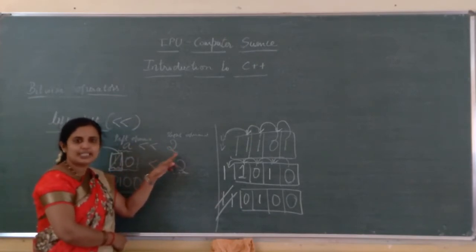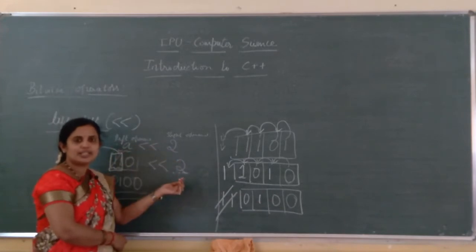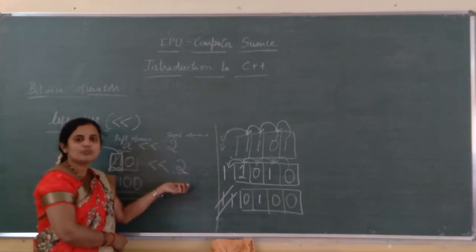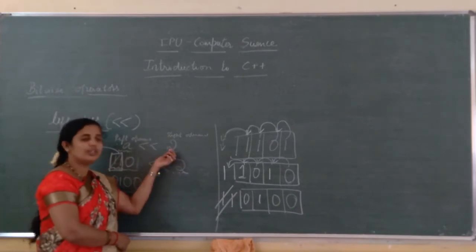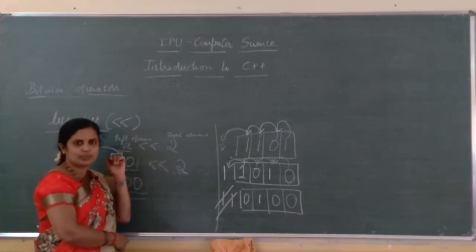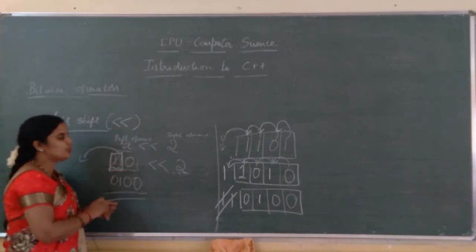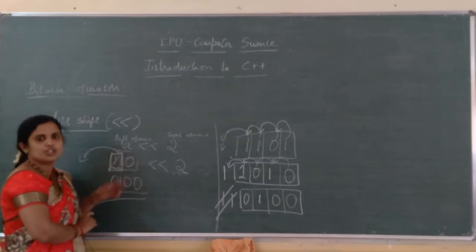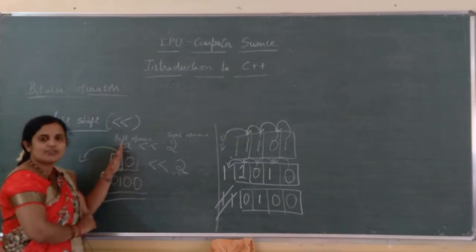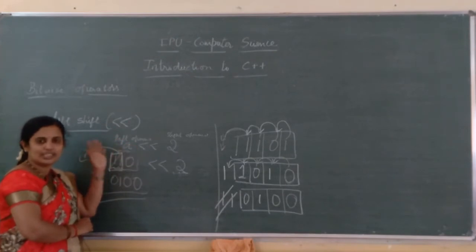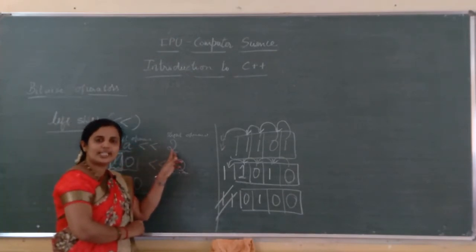Right operand ಅಲ್ಲಿ ಎಷ್ಟು ಬಿಟ್ ಶಿಫ್ಟ್ ಮಾಡಬೇಕಂತ ಹೇಳ್ತಾರೆ, ಅದು ಸ್ಪೆಸಿಫೈ ಮಾಡಬೇಕಿಲ್ಲಿ. ಓಕೆ, ರೈಟ್ ಆಪರೆಂಡ್ ಅಲ್ಲಿ ಏನು ಸ್ಪೆಸಿಫೈ ಮಾಡ್ತೇವೆ, ಎಷ್ಟು ಬಿಟ್ಸ್ ನಾವು ಶಿಫ್ಟ್ ಮಾಡಬೇಕು ಅಂತ ಇದೆ ಅಲ್ವಾ, ಅದನ್ನು ನಾವು ಇಲ್ಲಿ ಸ್ಪೆಸಿಫೈ ಮಾಡ್ತೇವೆ ರೈಟ್ ಆಪರೆಂಡ್ ಅಲ್ಲಿ. ಲೆಫ್ಟ್ ಆಪರೆಂಡ್ ಅಲ್ಲಿ ಏನು, ಯಾವ ಬಿಟ್ಟನ್ನು ನಾವು ಮೂವ್ ಮಾಡಬೇಕು ಅದನ್ನು ನಾವು ಸ್ಪೆಸಿಫೈ ಮಾಡೋದು ಲೆಫ್ಟ್ ಆಪರೆಂಡ್ ಅಲ್ಲಿ. ಓಕೆ, ಸೊ ಲೆಫ್ಟ್ ಶಿಫ್ಟ್ ಆಪರೇಟರ್ ಸ್ಪೆಸಿಫೈಸ್, it helps us to shift the number of bits in the left operand to the left by the number of bits specified in the right operand.